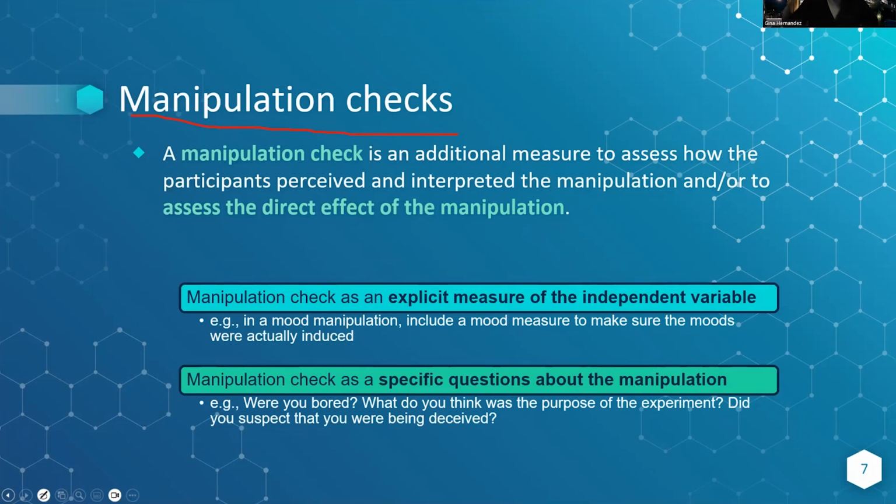So imagine you are inducing anger, and then you are running your stats and making a conclusion. But if you don't know if anger was really induced, then you don't know if your results are actually valid.